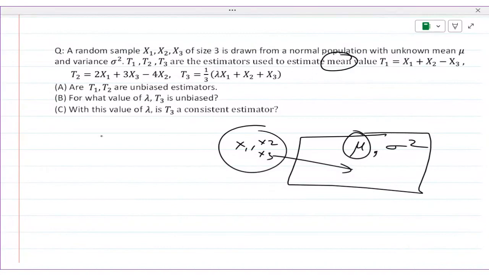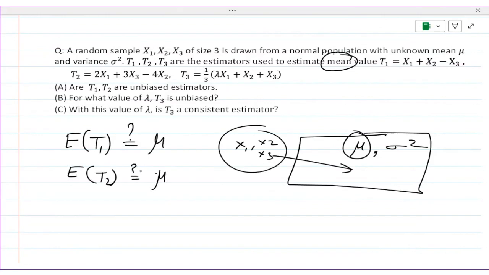For that we check whether the expected value of T1 is equal to mu, or whether the expected value of T2 is equal to mu. If it is true, then they are unbiased estimators of mu. Unbiased means the expected value should be equal to the parameter. Then they are unbiased. So first I will find the expected value of T1.